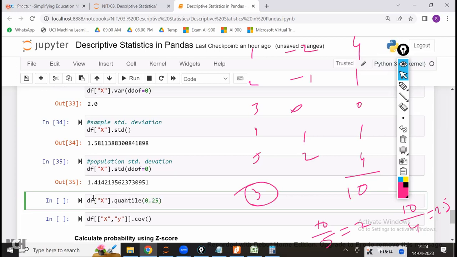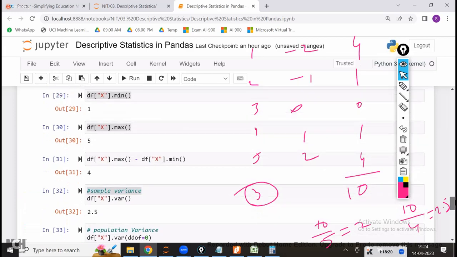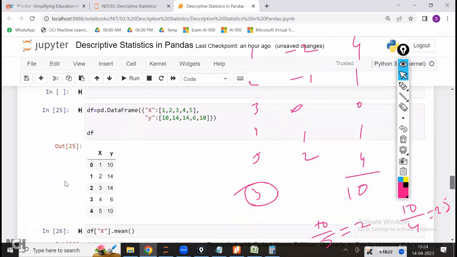What is the Q1 value of this data set? This is the minimum value. This is the median value. This is the maximum value. Q1 is 2 only, right? Q2 value, that is the median, is 3. Q3 value is 4. Maximum value is 5.